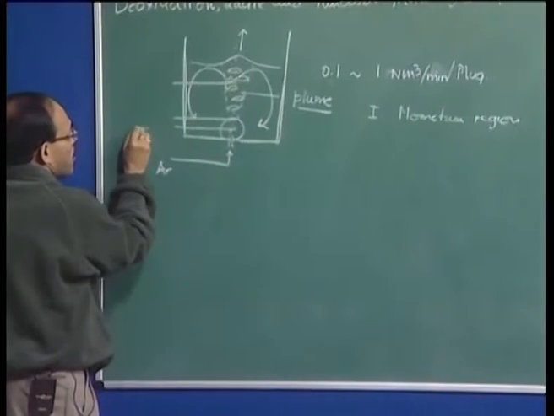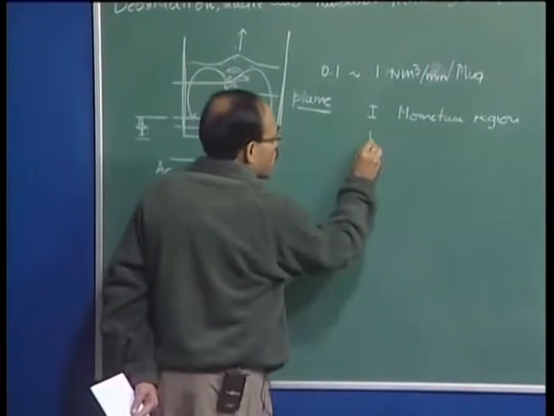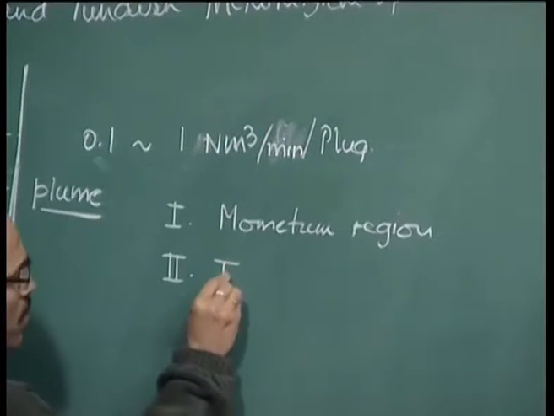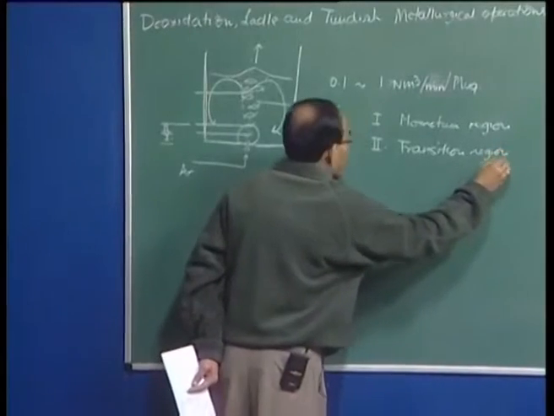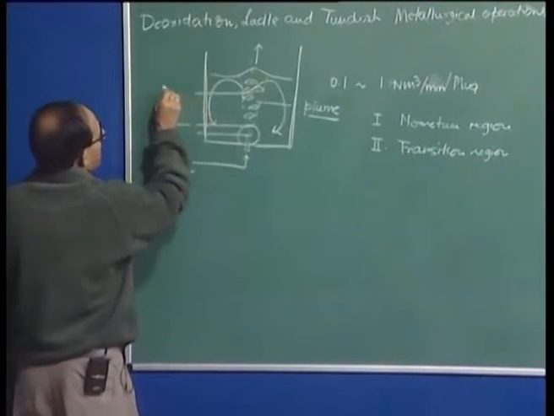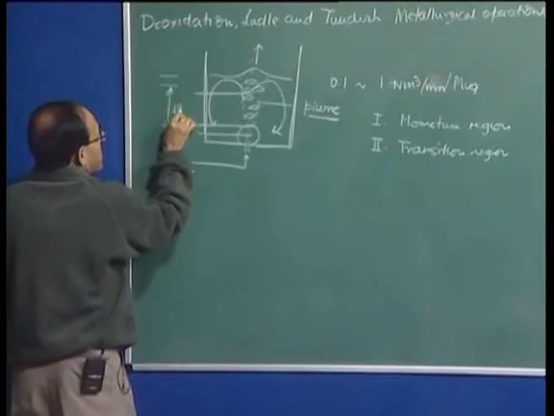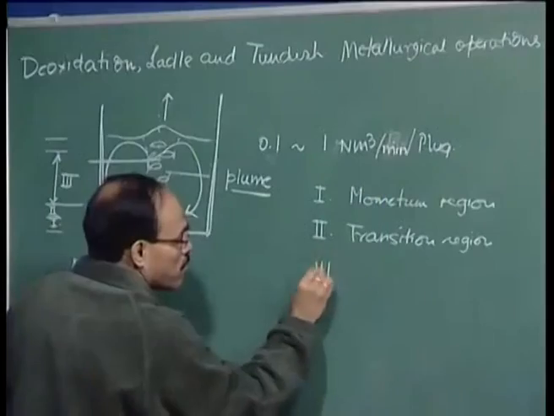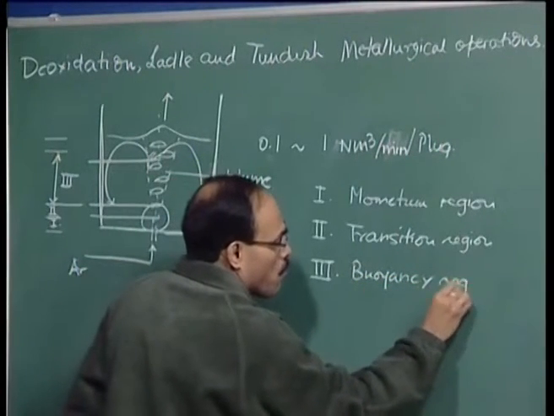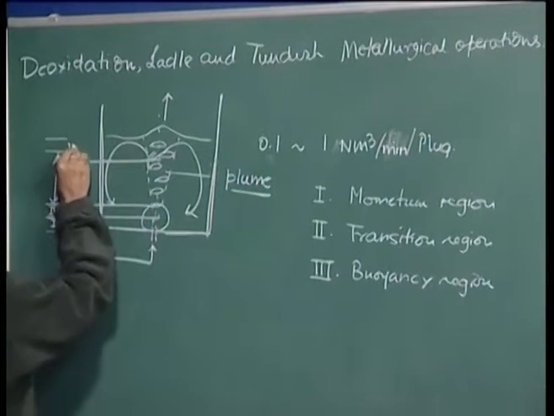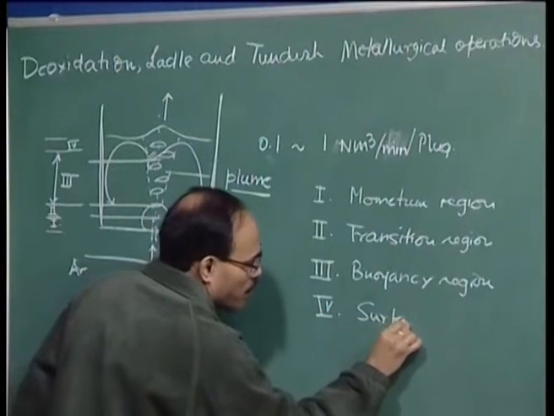Immediately above this is a small region, also known as the transition region, and the largest region, of course, may be somewhere up to this. We can say that this is region 3, and this region 3 is the buoyancy region. And finally, we have region 4, which is the surface or free surface region.